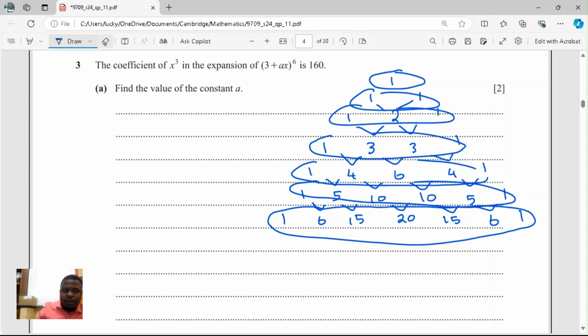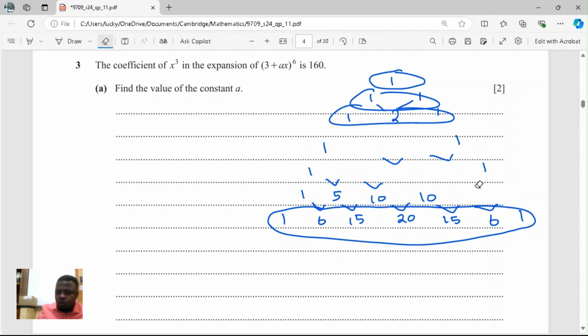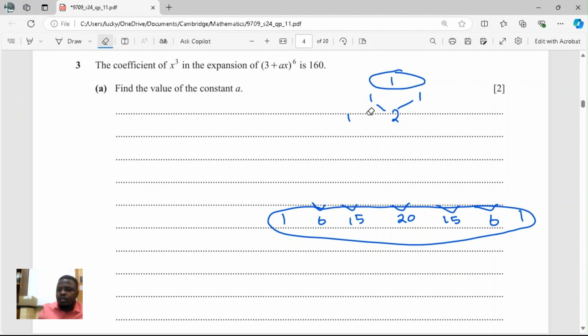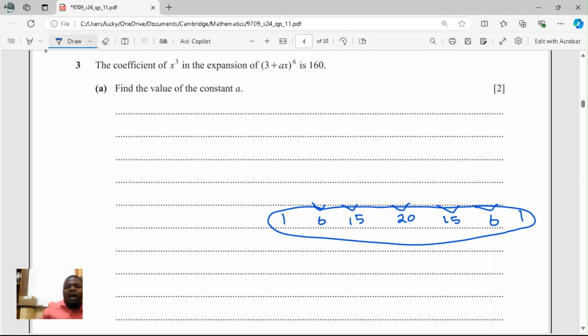So keep them in mind. Let me erase everything at the top because we don't need it anymore. The coefficients of our sixth power are 1, 6, 15, 20, 15, 6, 1. I do not need to rewrite everything, but I'll write the ones that are very important so that you understand how I get to the answer.